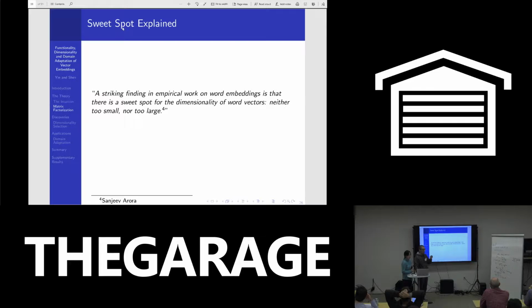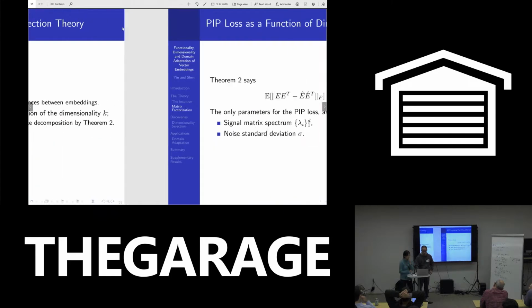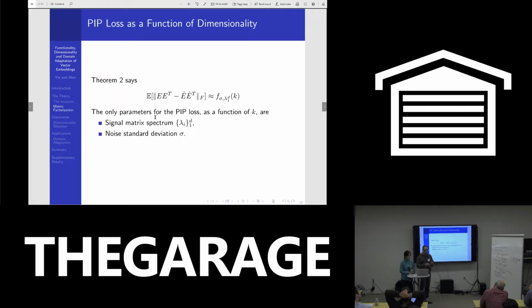So there is one that achieves the balance between them, and that is the one we're looking for. Because of this, we are able to perform a dimensionality selection procedure by minimizing this PIP loss, by looking for the dimensionality that achieves the bias-variance trade-off.